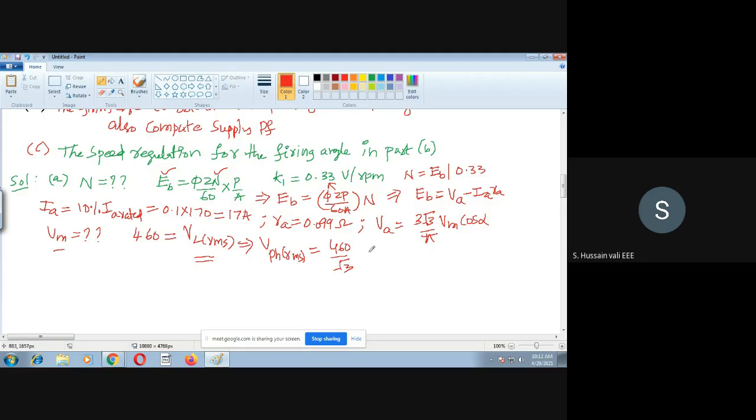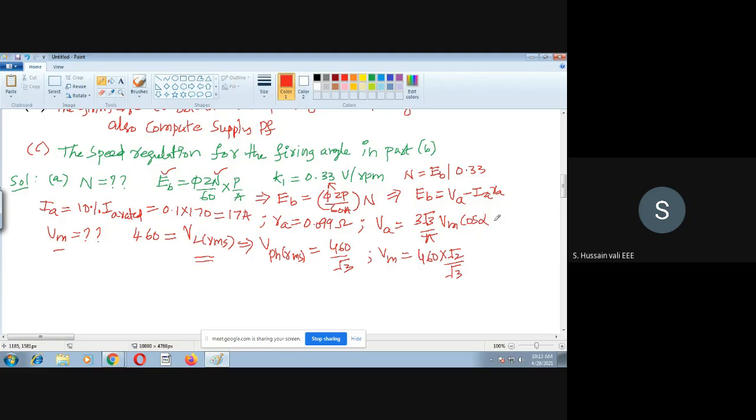But I want the maximum value. The relationship is: maximum value divided by root 2 is the RMS value. So the maximum value is RMS into root 2, giving 460 into root 2 by root 3. So we got the value of Vm.